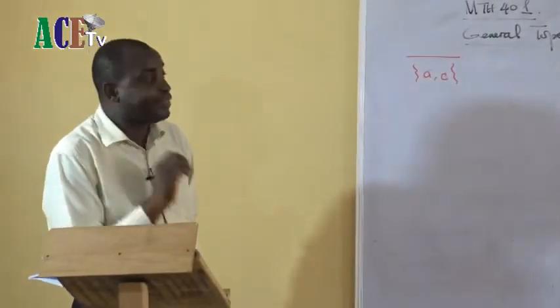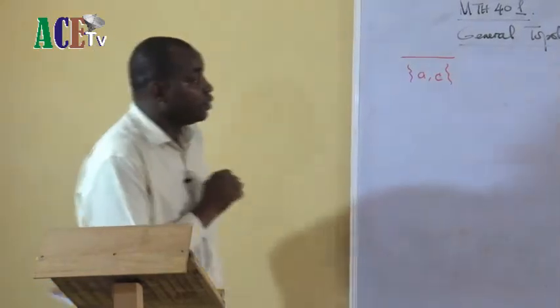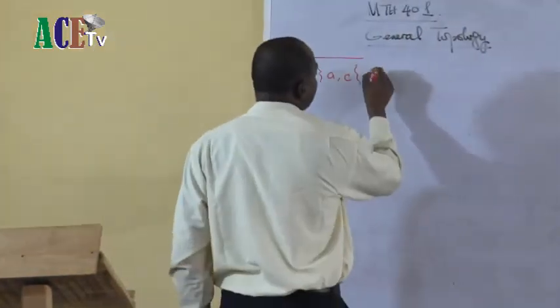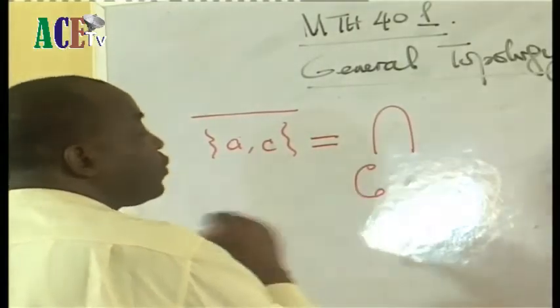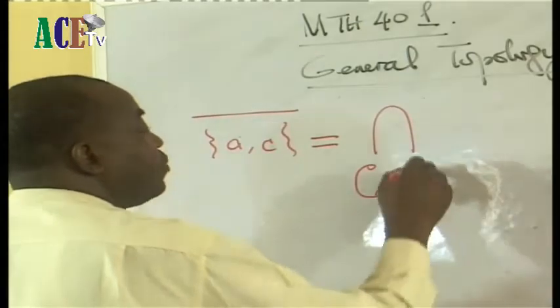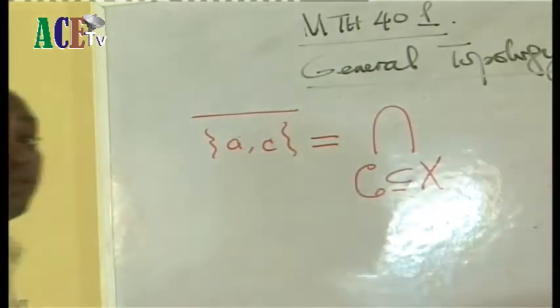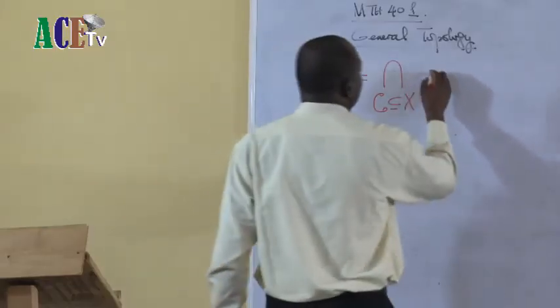The closure of this set is simply the intersection of all closed subsets of X, okay?